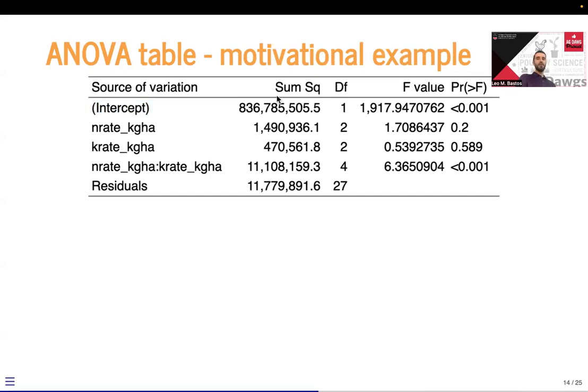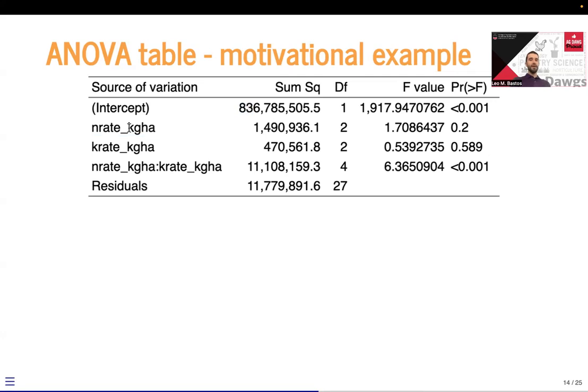We see that it has a very large sum of squares, so a lot of variability being explained by that overall mean. We have the degrees of freedom, the F value, and then finally the P value, which relates this F value to an F or T distribution. So the larger the F value, the lower your P value is going to be.